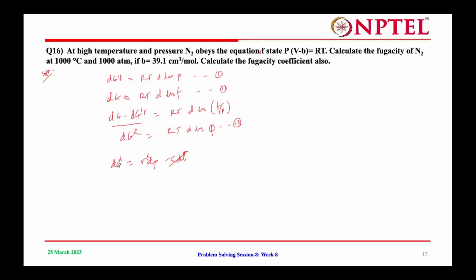So for volume at ideal condition, V is equal to RT by P. At ideal conditions, and for any state, how can we write the volume?